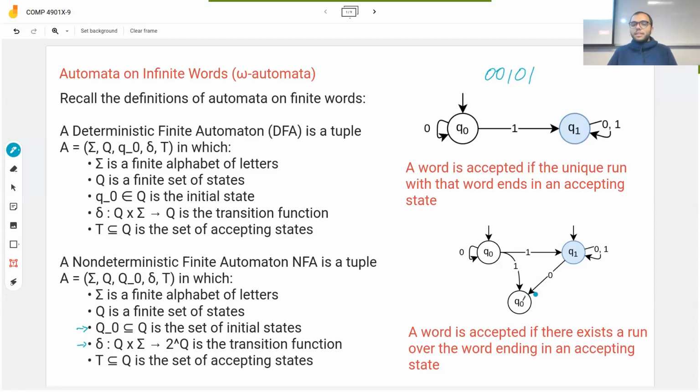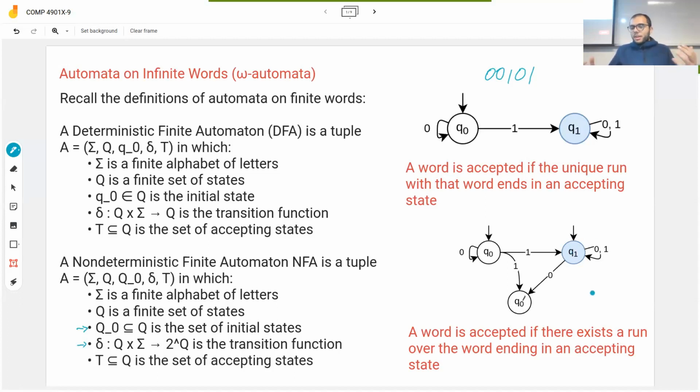So again, we have to define the language of the automaton, and we have to say when the automaton accepts a particular word. This is the classical definition that we use. We say that a word is accepted if there is a run that accepts. The definition of an accepting run is the same as before. A run is accepting if it ends at an accepting state, if it ends at one of these blue points.